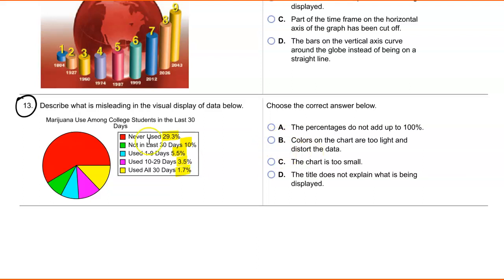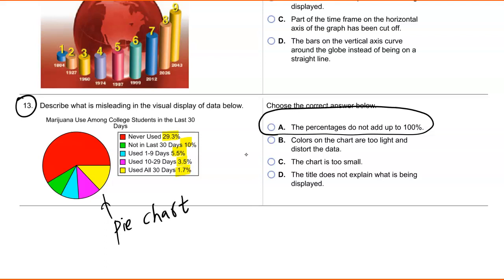Therefore, what is misleading here is that the percentages do not add up to 100% in the pie chart. Each section of the pie has to add up to 100%, but here it doesn't.